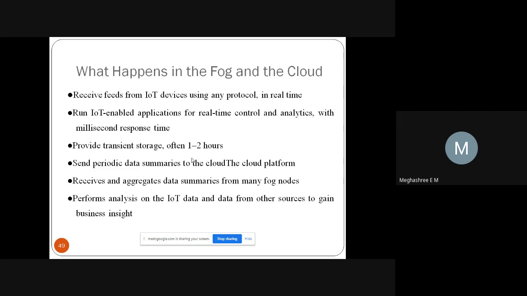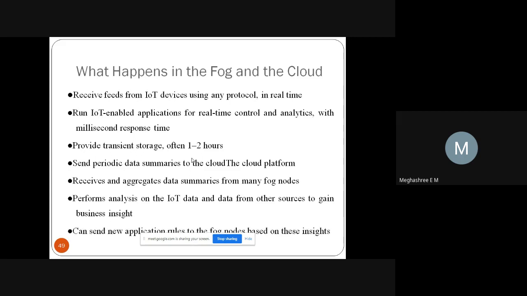So whatever data has been received at the cloud end, at the cloud it performs analysis, right? On the basis of the data it has collected, it performs analysis, and using that information you can move to the business plan. Okay, that is what it says.